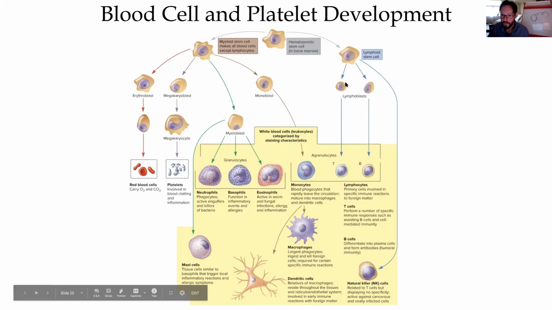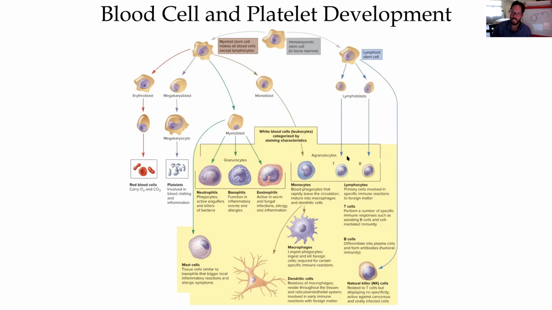Also, the lymphoblasts go into T and B cells, which are part of the third line, but a lymphoid stem cell can also differentiate into a natural killer cell, okay? That is second line. It's non-specific, okay? If it's specific, it's third line. If it's non-specific, meaning it's just going to go after anything that it recognizes as foreign, then it's second line.